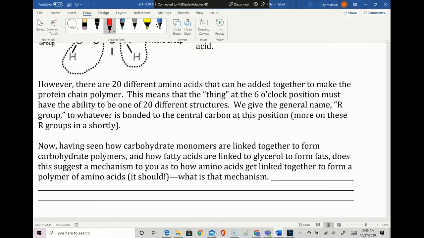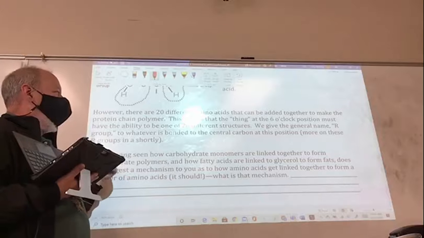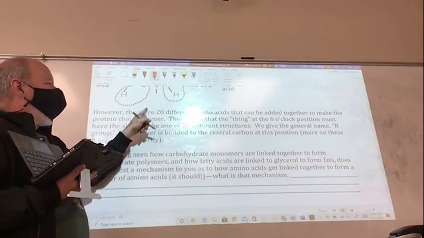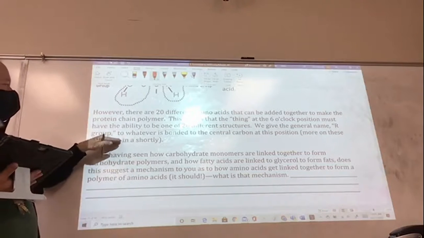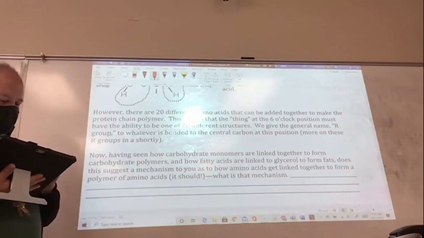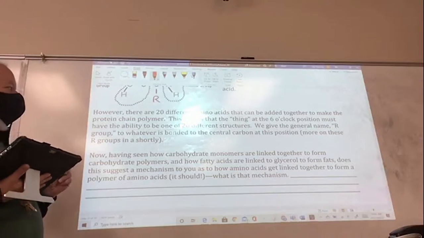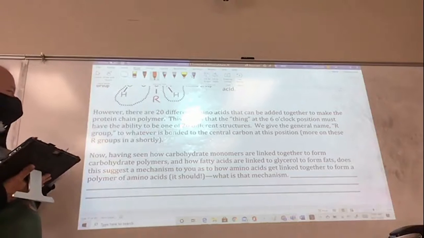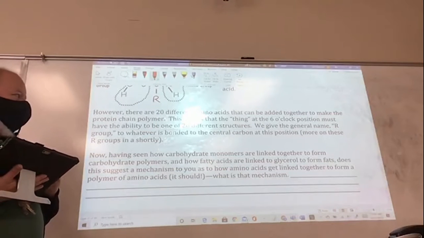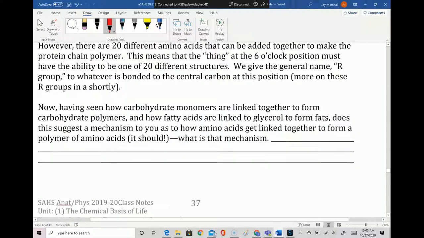And we do the same thing here in chemistry, except the variable is not going to represent a number, it's going to represent a chemical structure. And don't worry, you're not going to have to know these 20 different chemical structures. You just need to know that we have the name R group. We're going to put R there, and that means, hey, this can be one of 20 different things. Okay? Again, you're not going to have to know those.